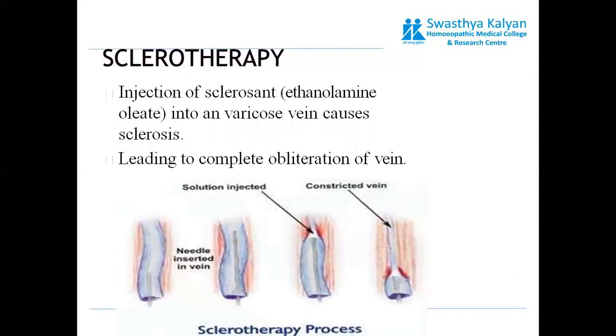Some therapies, such as sclerotherapy, are also used. Injection of a sclerosant, that is ethanolamine oleate, into the varicose vein causes sclerosis, leading to complete obliteration of the vein.